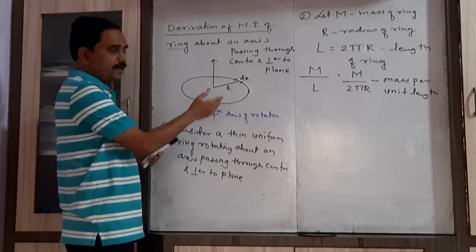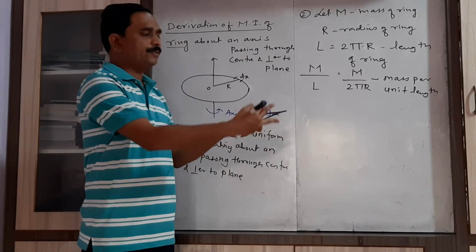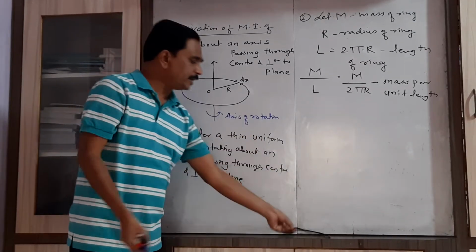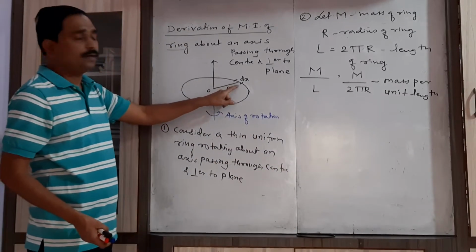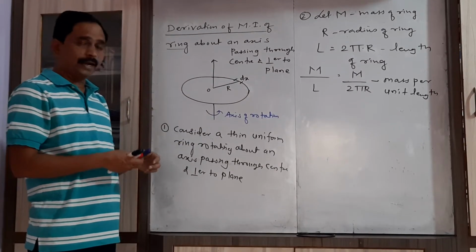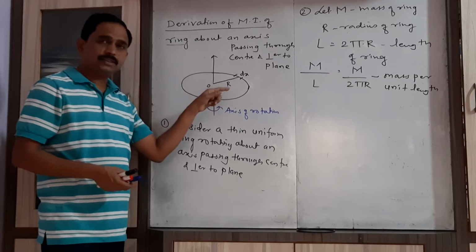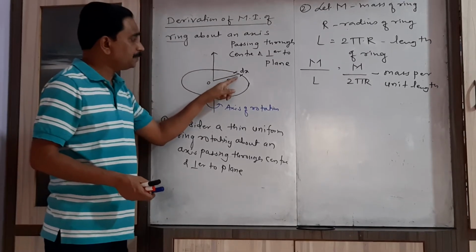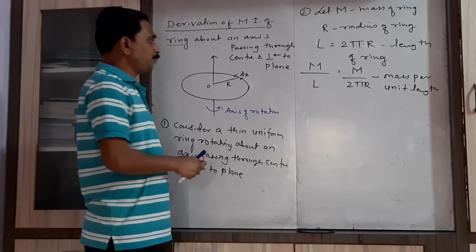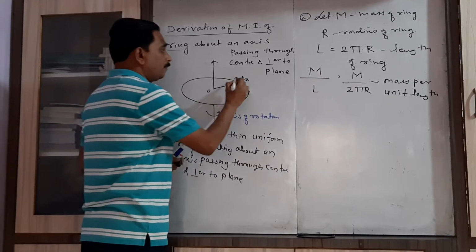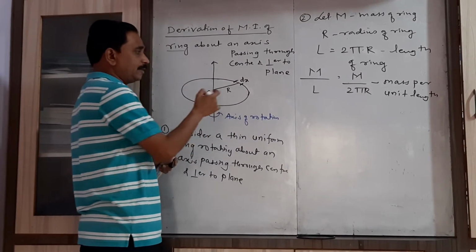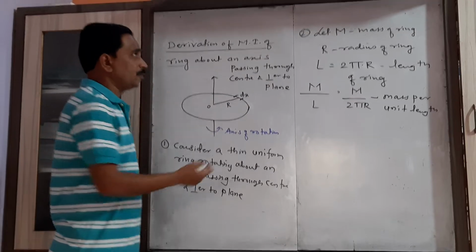If you cut the ring into a number of parts, we have small parts of the ring. So it is assumed that this ring consists of a number of such small portions. Now consider one such portion of length dx and at a distance r from the axis of rotation.